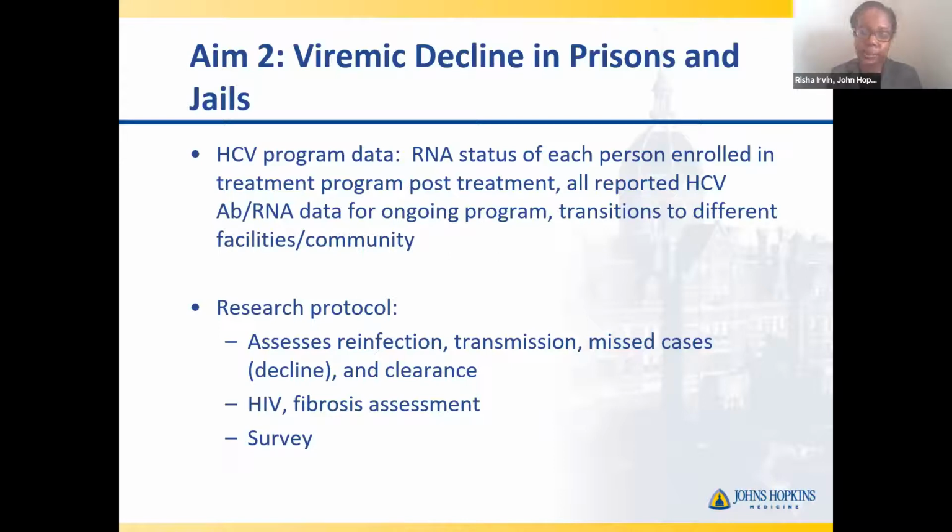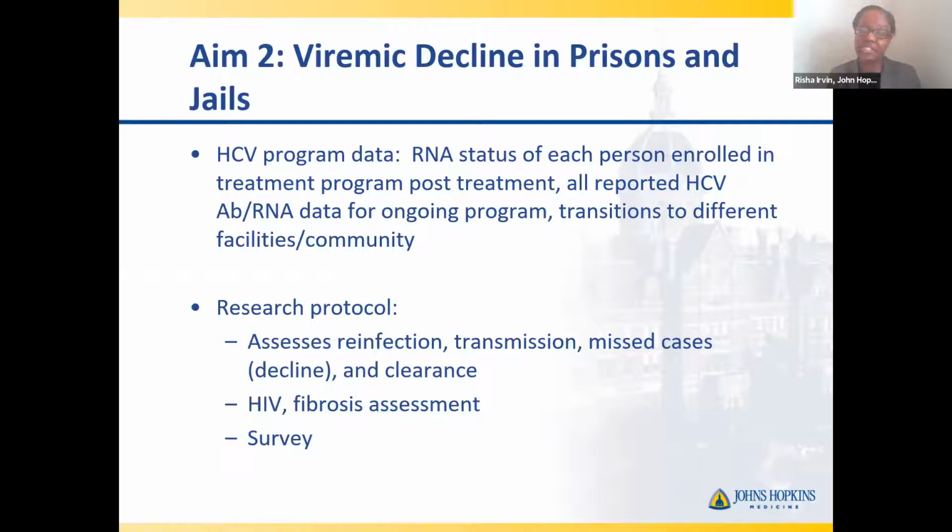impact on HCV status. In terms of our research protocol, though, we'll be using samples across the 8 state correctional facilities and in those 3 sample jails to look at reinfection, transmission, any missed cases, including people who decline testing or treatment, and clearance.